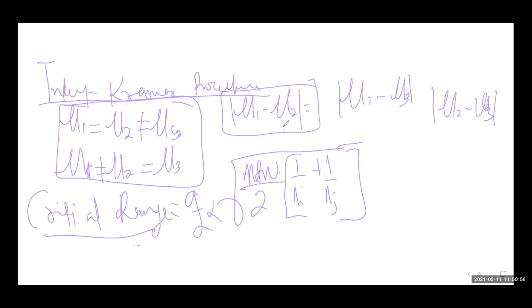I'll compare the value of the absolute mean difference for this pair to the critical range to understand whether indeed the differences exist here. I also compare the absolute mean difference for these two pairs to the critical range, then this pair to the critical range. Based on the values for each of them, then we can say indeed the difference is here or that or this.